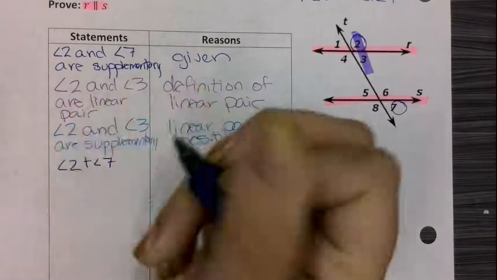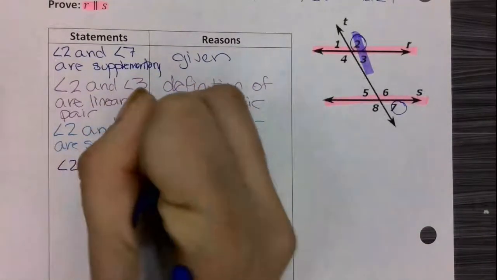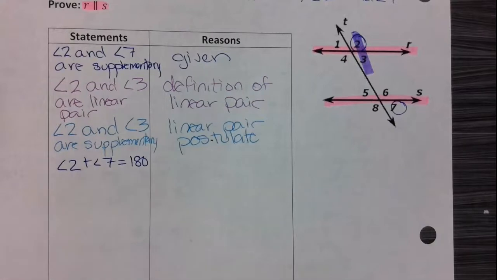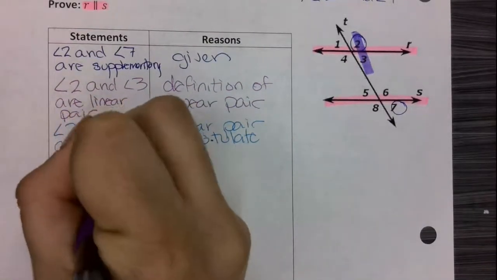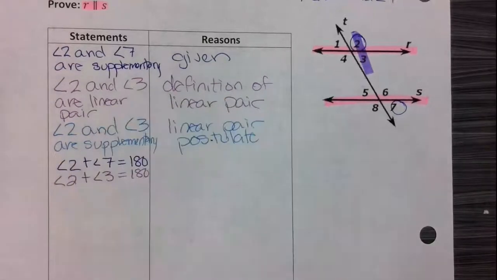So then I'm going to say angle 2 plus angle 7 equals 180, and we'll do this one in purple. Angle 2 plus angle 3 equals 180, because of the definition of supplementary.